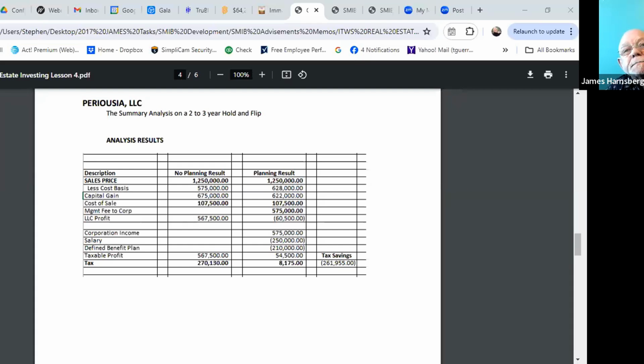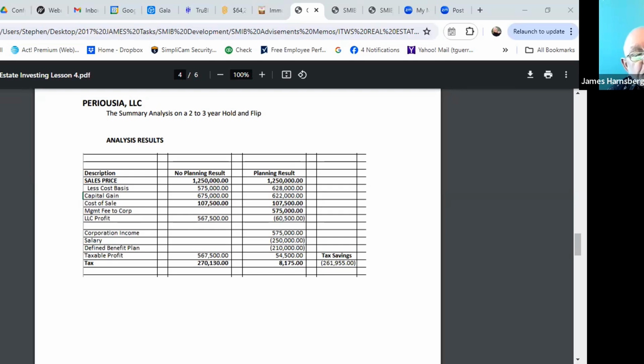So we'll put $200,000 in salary, $200,000 in defined benefit plan, eat up that $400,000, and I don't have to fund that till next year for tax year 2024. So we'll have no tax liability except for the FICA Medicare tax on the salary.